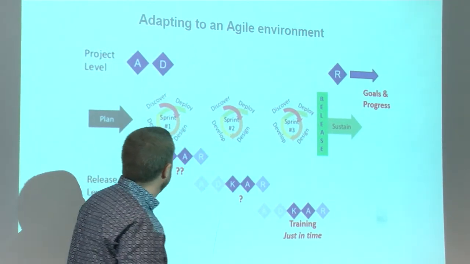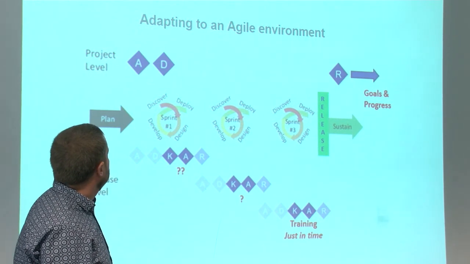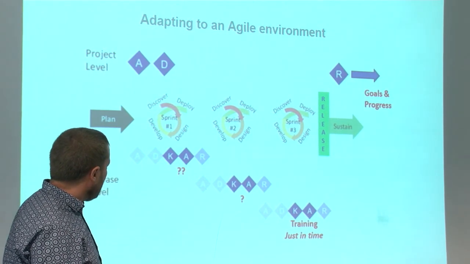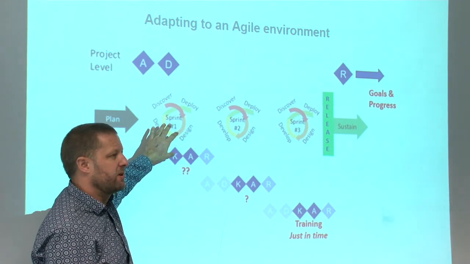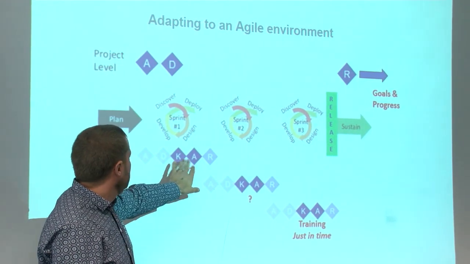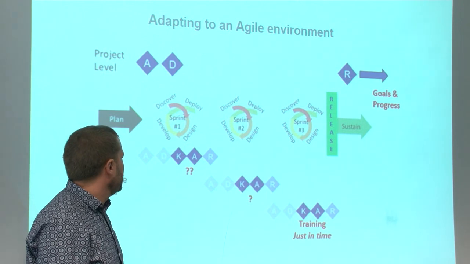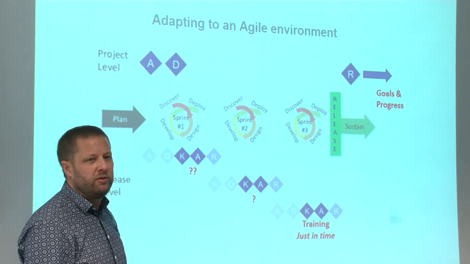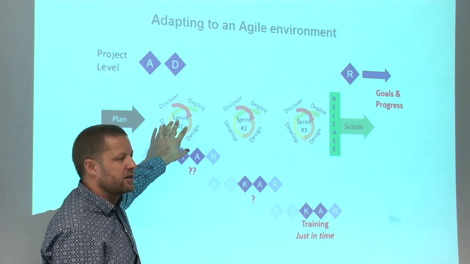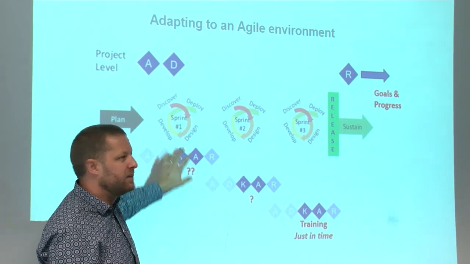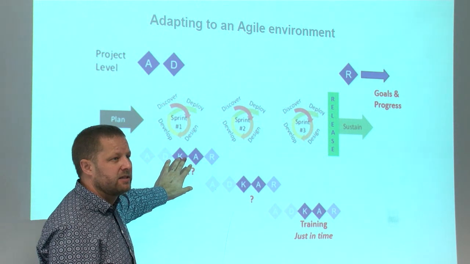From a change perspective, we also have to align to this cycle, and there are implications around delivering knowledge and ability to stakeholders. If we don't know exactly what the end product is going to look like, it's not easy for us to do that at this stage.